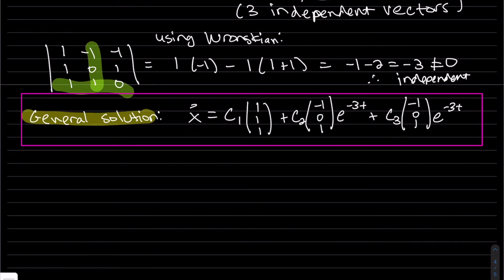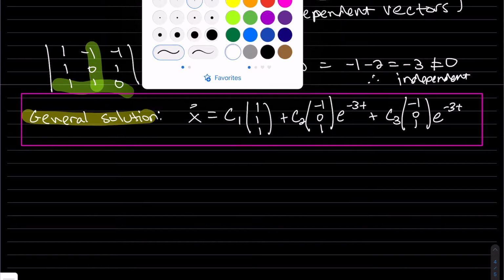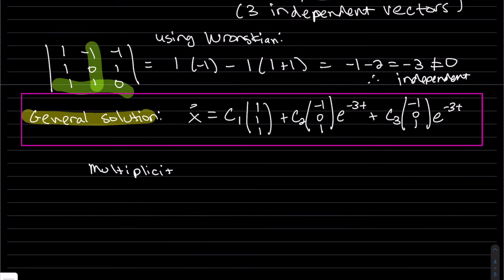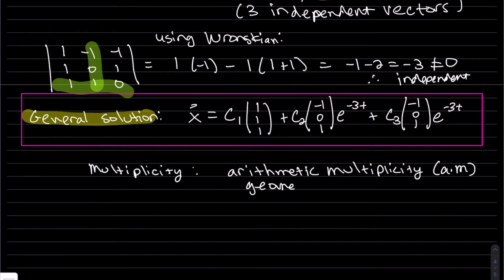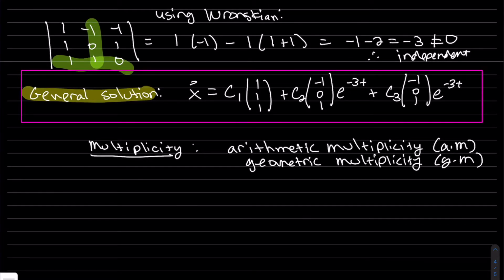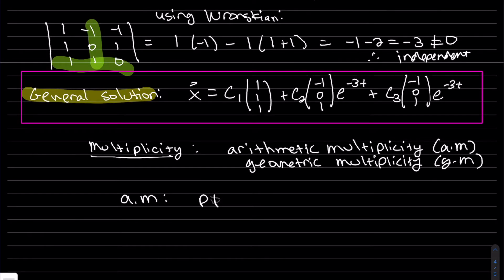It's here that I want to talk about multiplicity. There are 2 types of multiplicity: arithmetic multiplicity, AM for short, and geometric, GM for short. The AM, the arithmetic multiplicity, is the power of the lambdas, the power of the eigenvalues.